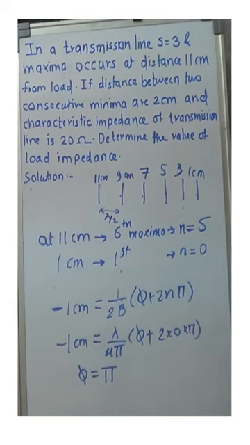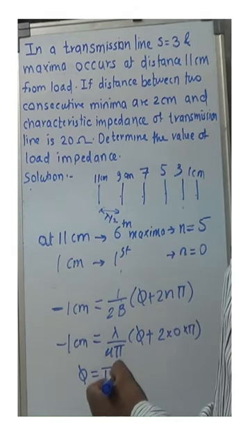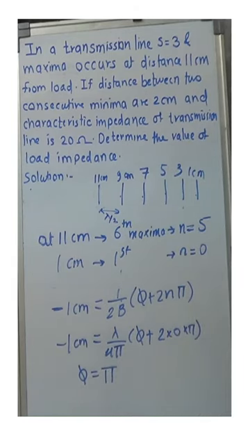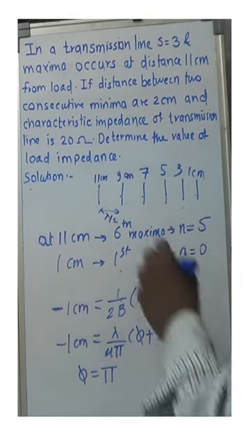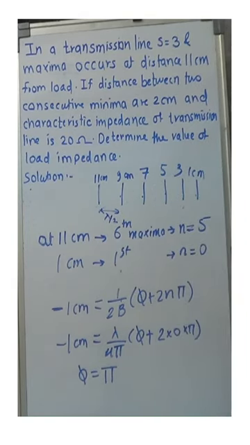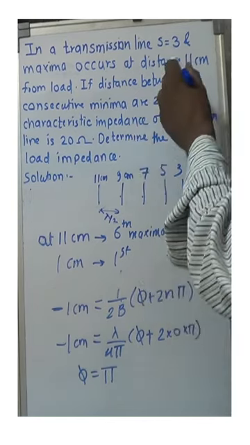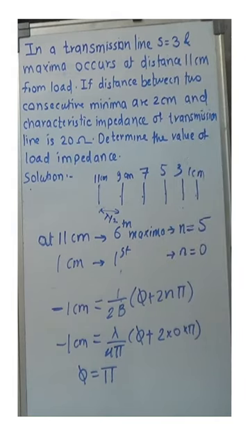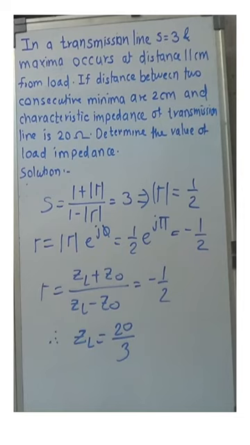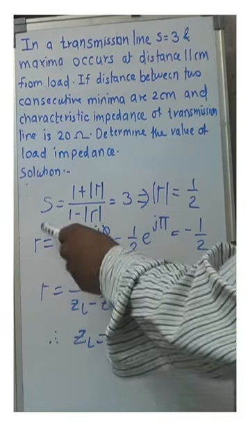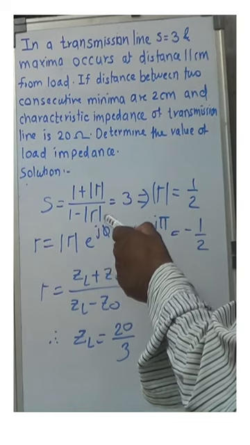Once I got the angle, I will get the actual gamma value, not just the magnitude of gamma. Now I will find the magnitude of gamma. For that I will take the equation S is equal to (1 plus mod gamma) upon (1 minus mod gamma), equal to 3, because S is equal to 3 is given.